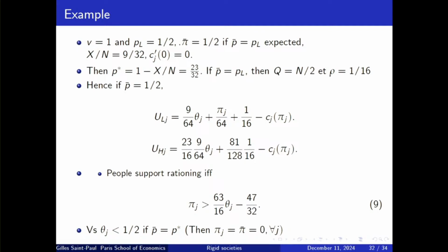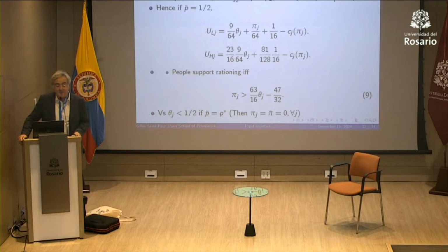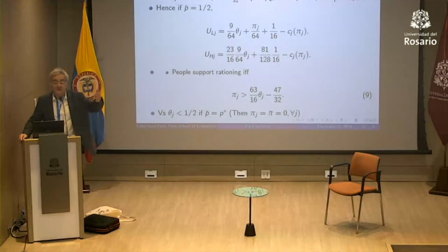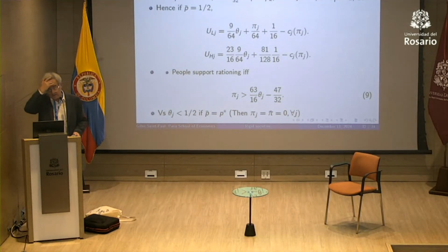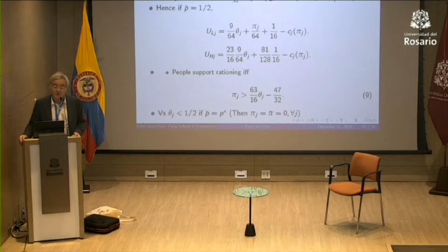Now, on the other hand, if people expect flexibility to prevail, then they are all going to have the same social network pi 0. Nobody is going to do excess investment in social networks to access the rationed goods, and therefore ex post, everybody has the same social network, right?